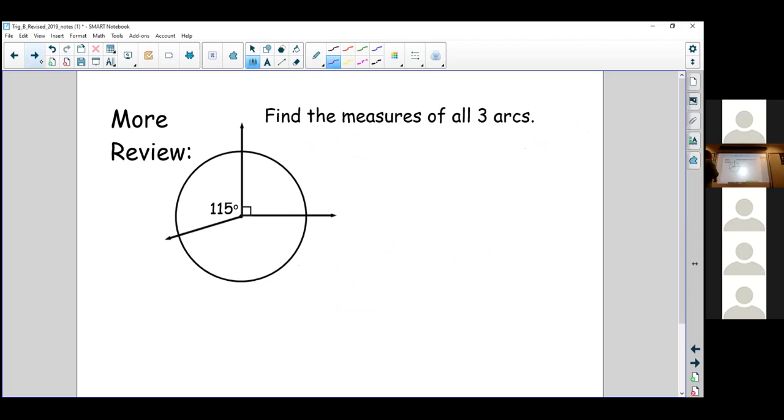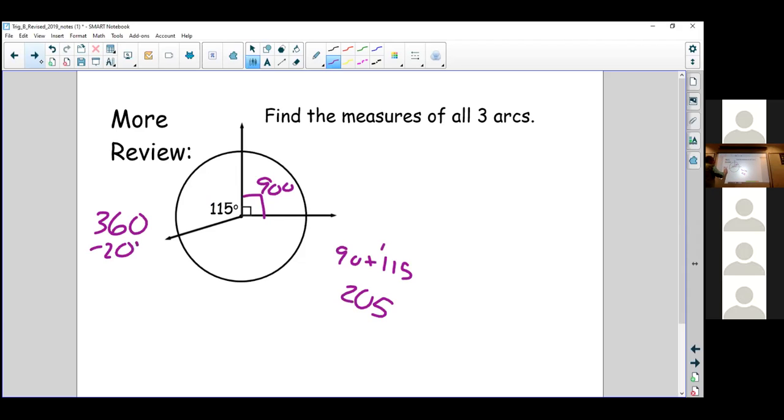All right, so we want to find the measure of all 3 arcs. Okay, so if this is 115 and that is 90, this means it's 90 degrees. But we know that if I add up all the angles of a circle, it'd be 360 degrees. So you're going to go 360, and maybe I'll go 90 plus 115 to the side. So I get 205.